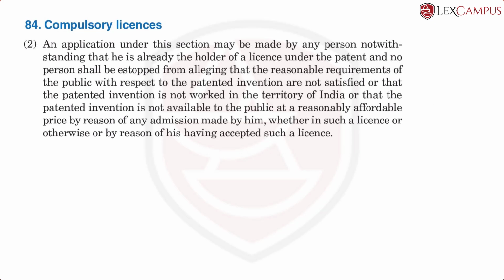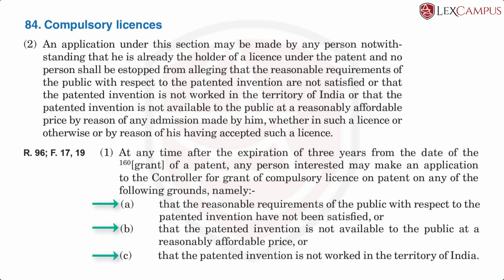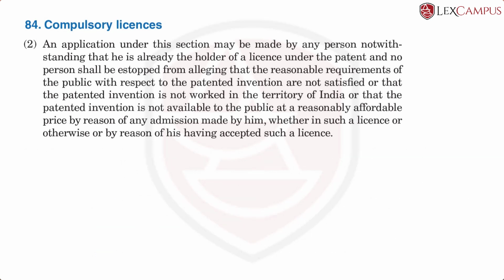Subsection 2 tells us that when an application is made by any person, notwithstanding that he is already a holder of a license under the patent, no person shall be stopped from alleging that the reasonable requirements of the public with respect to the patented invention are not satisfied, or that the patented invention is not worked within the territory of India, or that the patented invention is not available to the public at an affordable price, the three grounds which we just discussed, by reason of any admission made by them, whether in such a license or otherwise, or by reason of him having accepted that license.